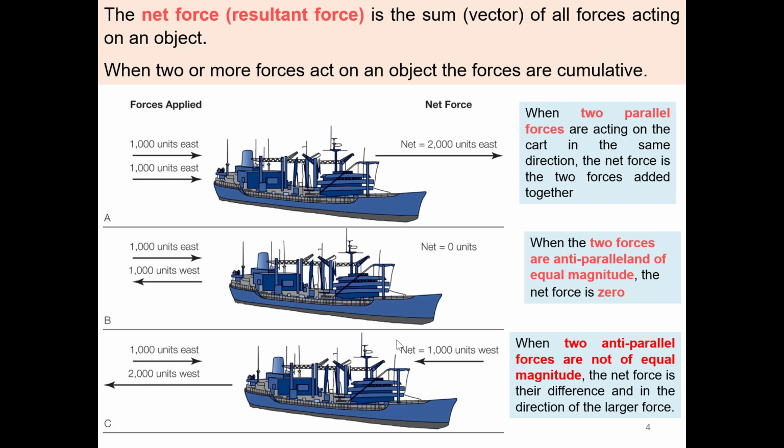If these two forces are in the same direction, both east, then to get the resultant force or the net force, we just add the magnitudes, and the direction of the force will be east, the same direction. The net force will be 2000 units in that direction.